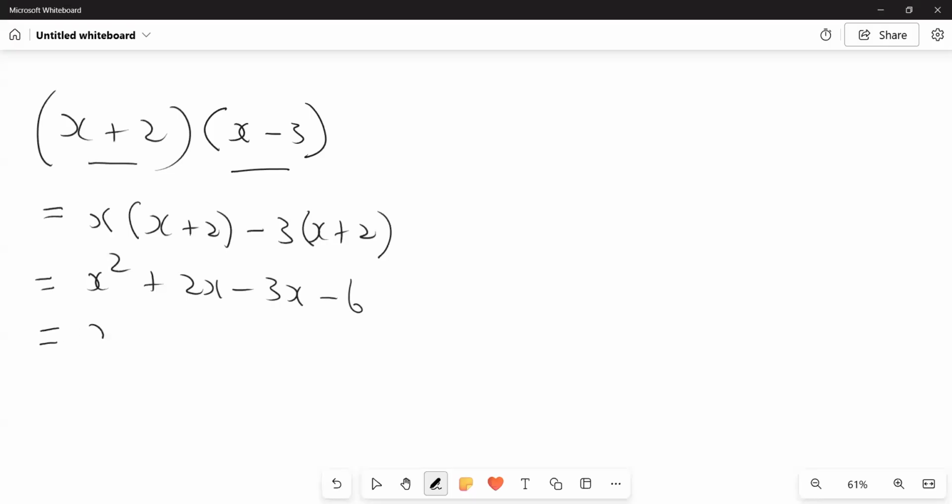When we simplify that, we get x squared minus x minus 6. Even though there are only 3 terms in this expression, it's a trinomial, but it's also called a quadratic. The reason is that it's the product of 2 binomials.